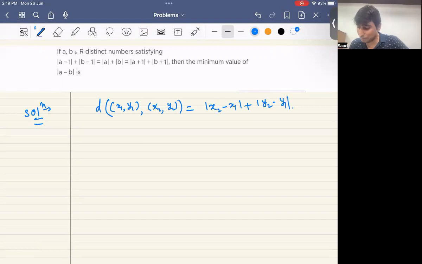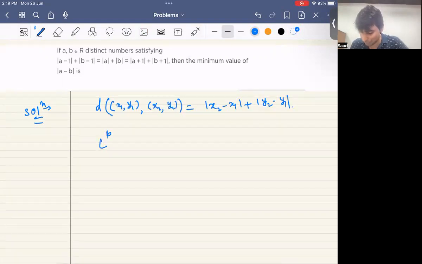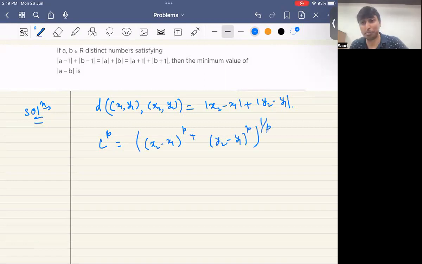Obviously we can define it so; this idea shouldn't appear scandalous. In fact, this is the first norm, and the pth norm can be denoted as: mod of x2 minus x1 to the p plus mod of y2 minus y1 to the p, all to the 1 upon p. That's the pth norm. So this is just L1: mod of x2 minus x1 plus mod of y2 minus y1, effectively.